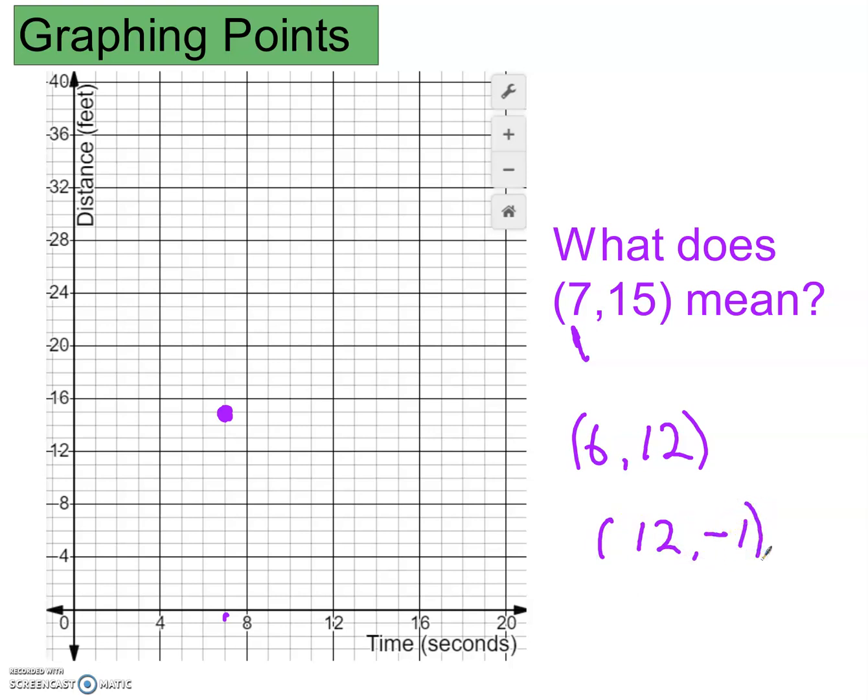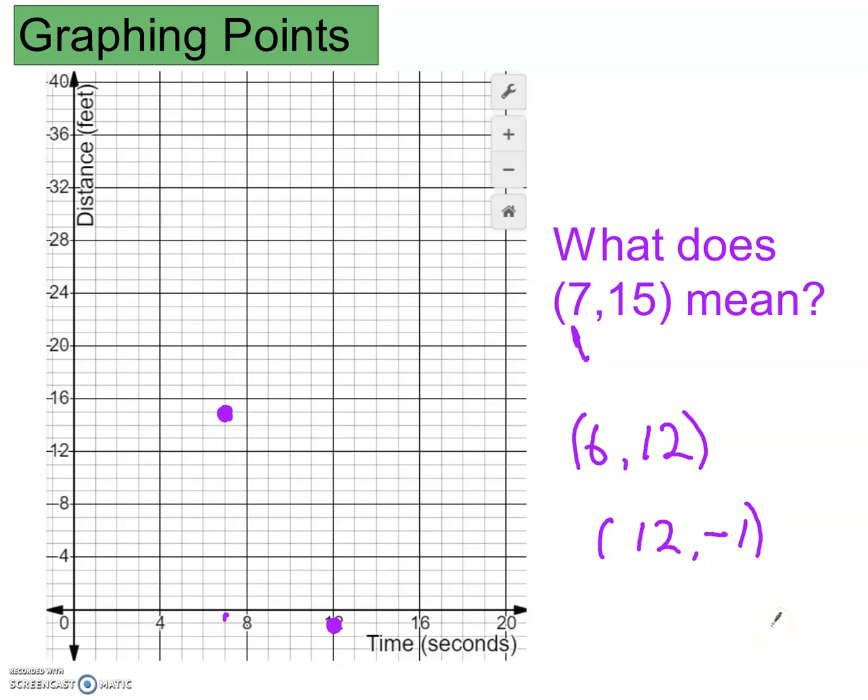Well, 12 is right here, 12 seconds. And -1? It looks like somehow they decided to go backwards. So the first number tells you how far to go left or right, and the second number tells you how far to go up and down.